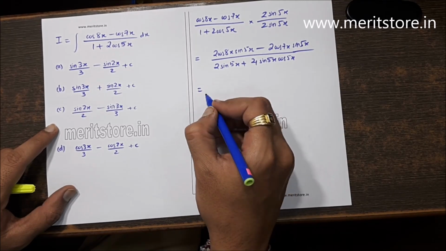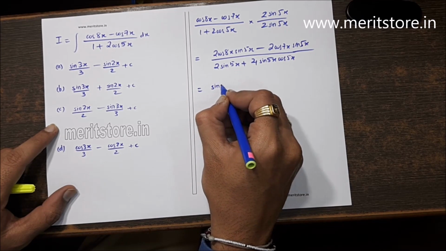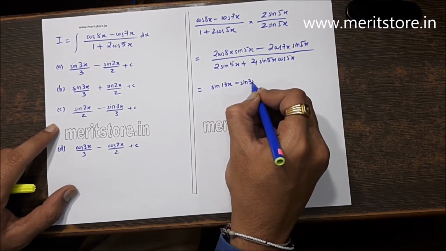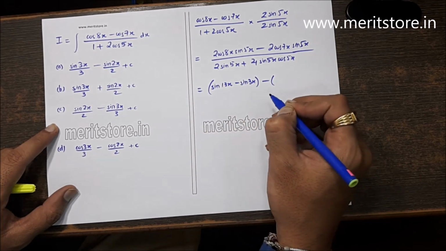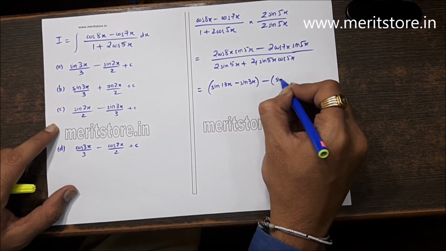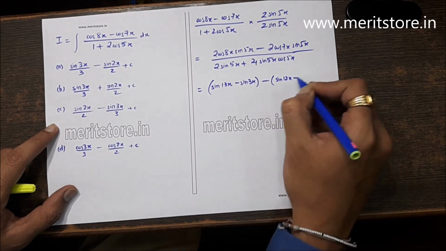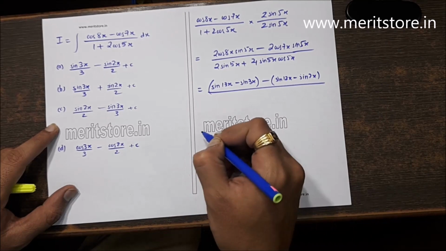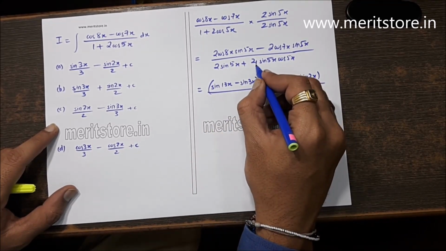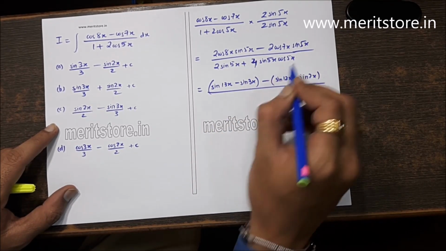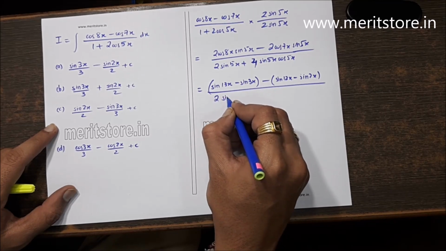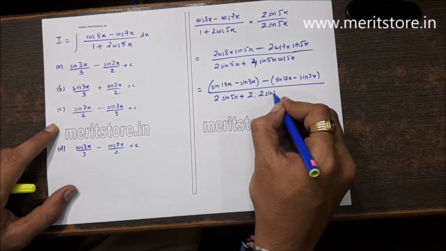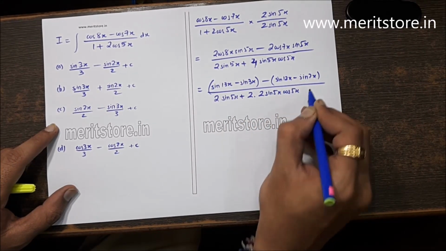What we'll get is sin 13x minus sin 3x minus sin 12x minus sin 2x, and in the denominator this term of 4 sin 5x cos 5x, we'll write this as 2 into 2 sin 5x cos 5x.